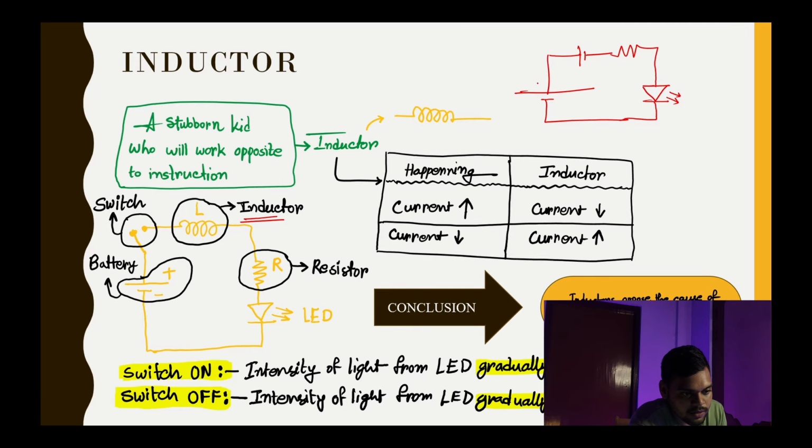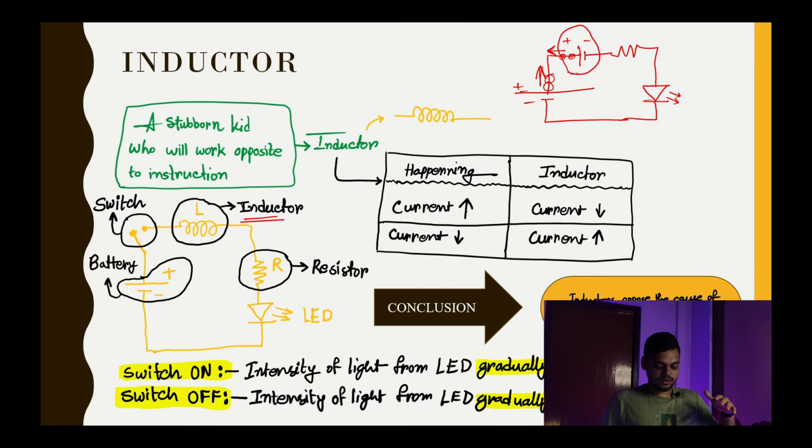Positive, negative, positive, negative. It is an inductor which is creating its own EMF, its own potential difference. So for the inductor, the positive charges will try to move this way, but for the battery, the positive charges will try to move this way. So there will be an opposition between the battery and the induced EMF.